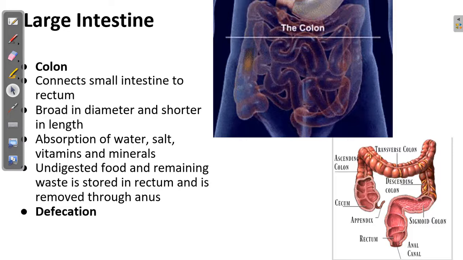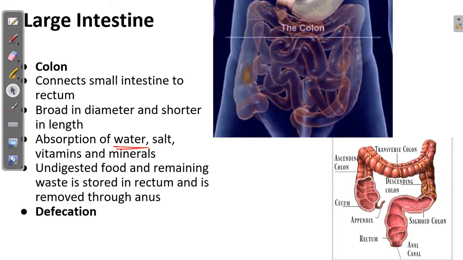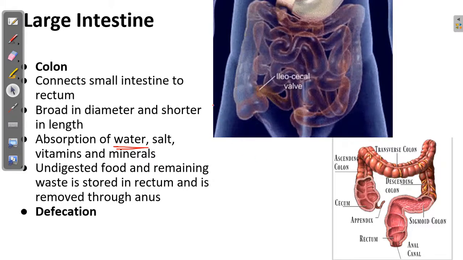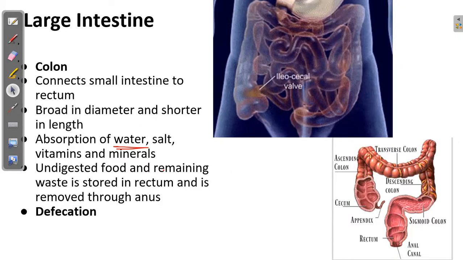Few vitamins and minerals and salt are not absorbed by the small intestine. Those are now absorbed in the large intestine and then transferred to the blood, and the blood will transfer them to all parts of your body. In addition to that, maximum water absorption takes place in the large intestine.